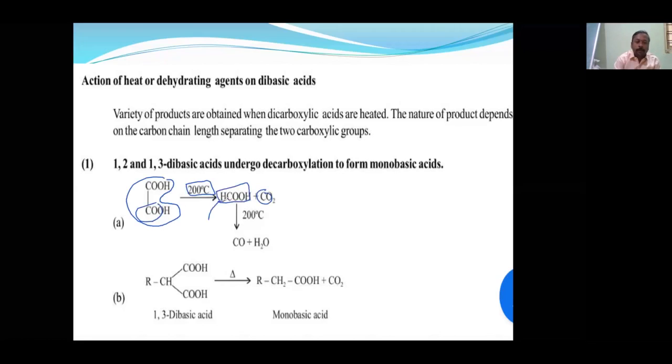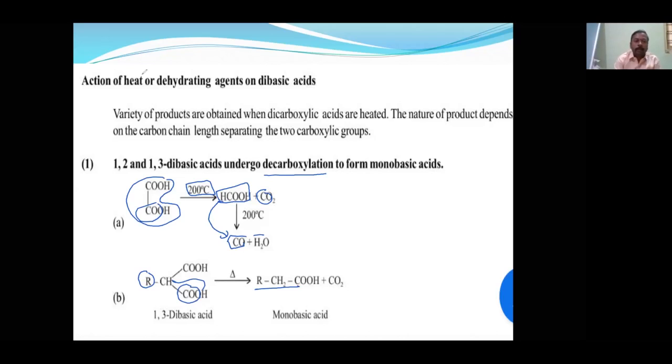So it will further lose carbon monoxide and hydrogen. Malonic acid, where hydrogen or an alkyl group is there, will lose CO2 and convert into a monobasic acid. So they will undergo decarboxylation.